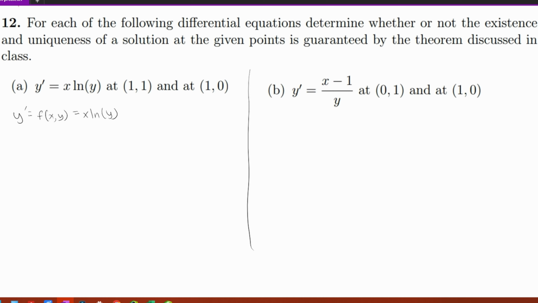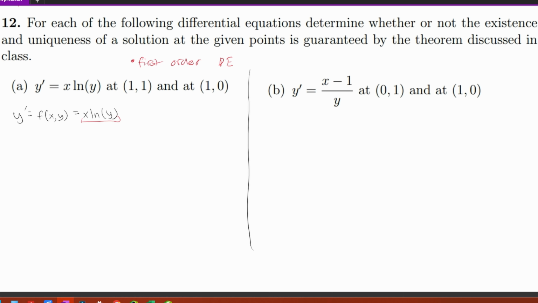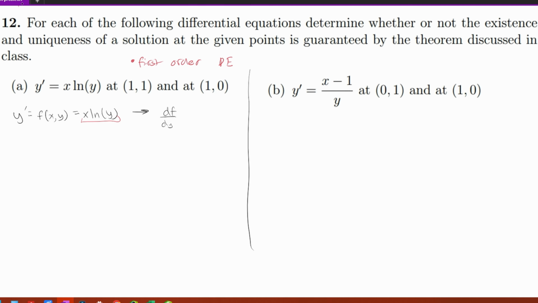But we need to do something with this right here for both of them. We need to take the first order differential equation. And so taking the first order differential equation is going to yield us a df/dy equal to x over y.